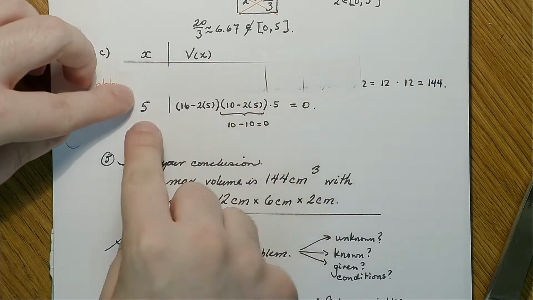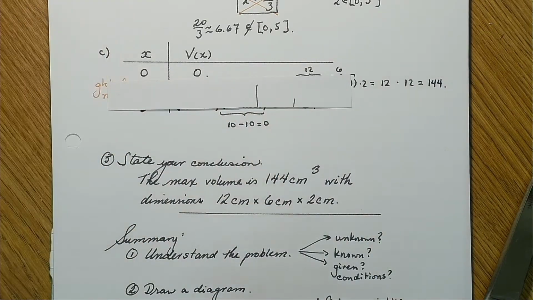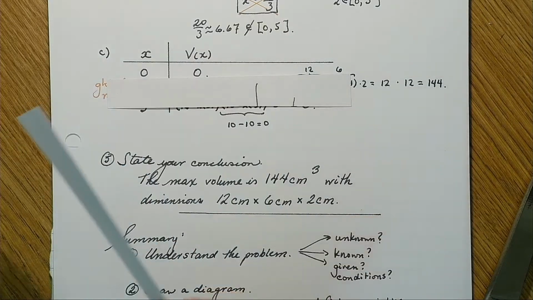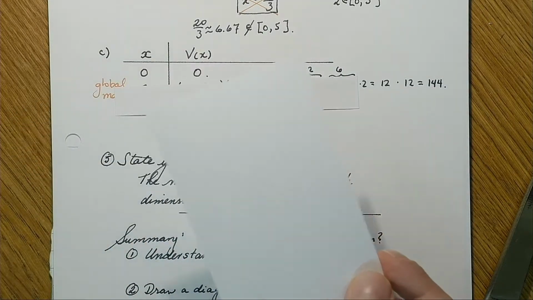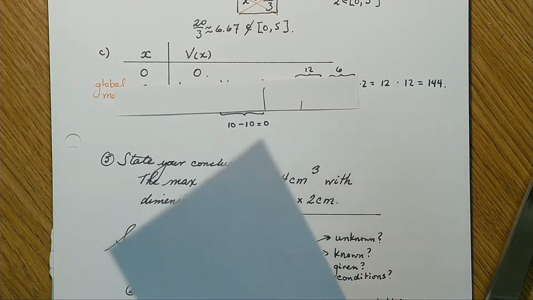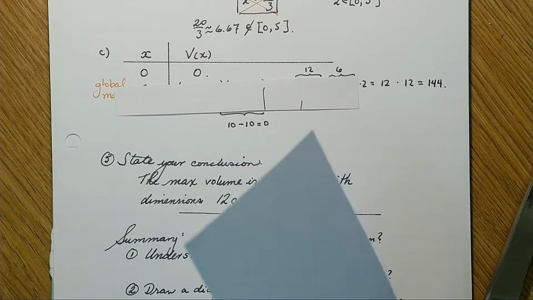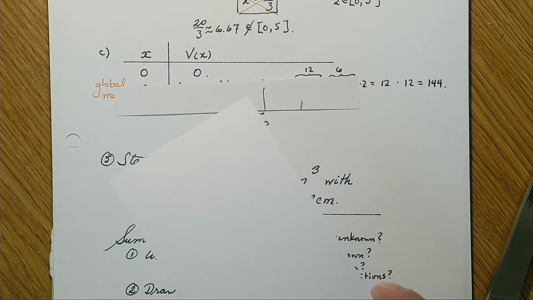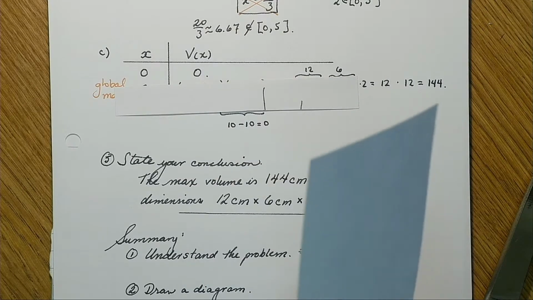I only got 0 and 5. At the end, when you're going to say to your boss, we're going to maximize the volume by doing absolutely nothing to the card, by saying x is equal to 0, that doesn't make sense. And again, it doesn't solve the problem of we need a box, and this is just a piece of paper.